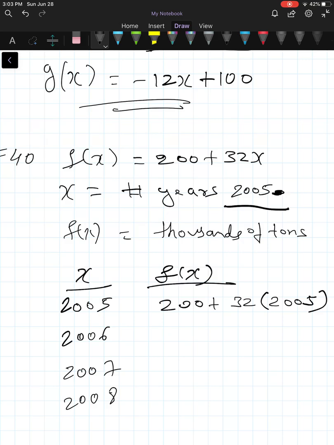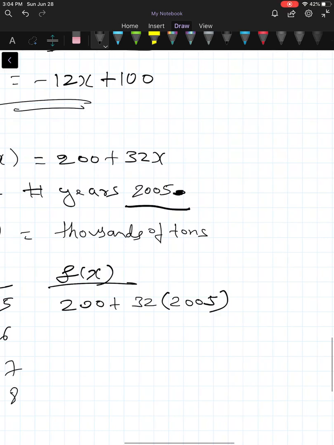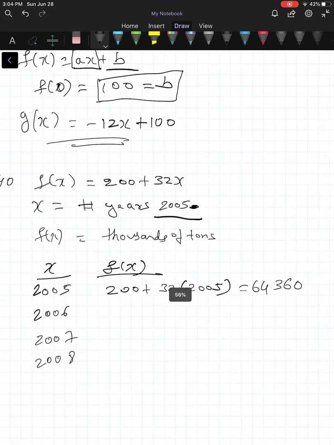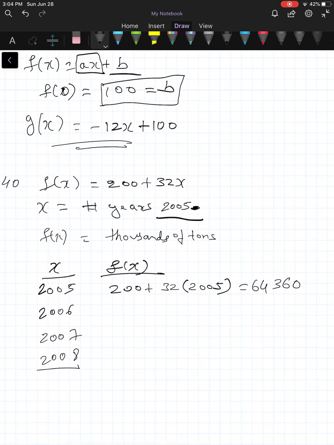So that would give me, 32 times 2005 is 64,160, plus 200 is 64,360. Okay, and 2008 I will do that. You can calculate the rest of the table of values and plot the graph.